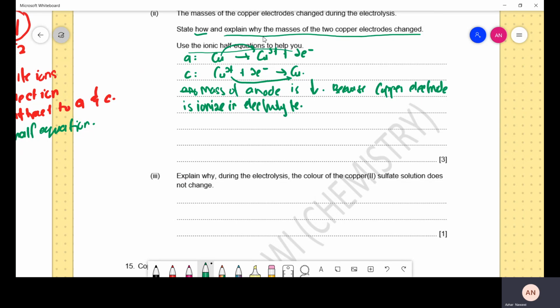Okay, so you answer for the cathode. Cathode, you see, from liquid they are charged to become solid. So what happened? How does the mass change? Mass of the cathode increases. Why increase? Because Cu2+ ions discharge. Or you can say, what happened at the cathode?